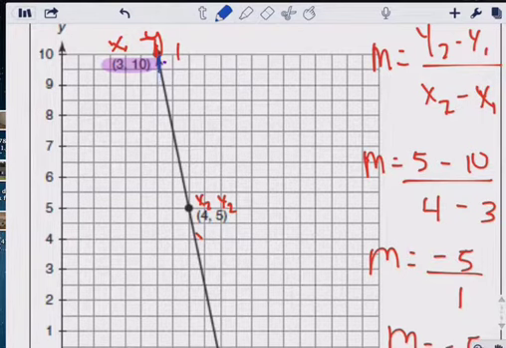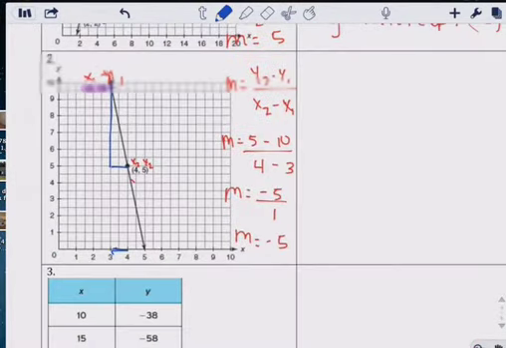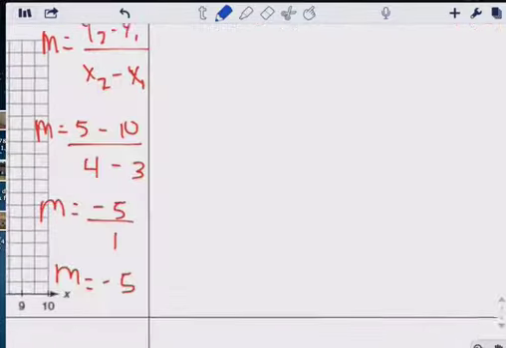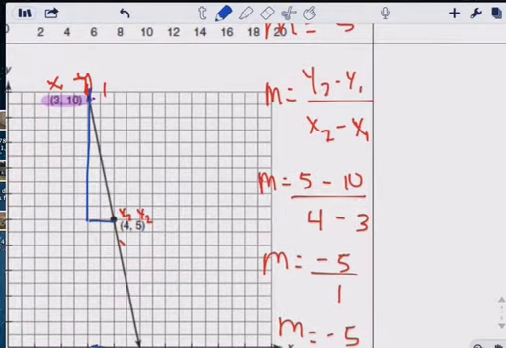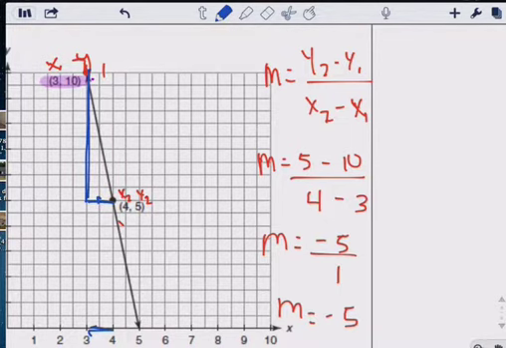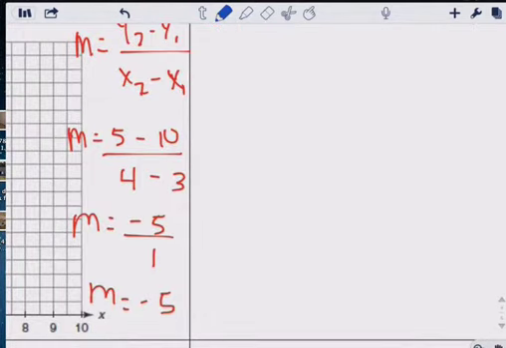From here, 3, 10 all the way down to 5. I guess that's 5. That's over 2. Oh, they used 2 as 1. No wonder they tried to confuse me. Okay, forget it. I was checking to make sure my math was right because it's down 5 over 1. And I saw 2 boxes, but here on the number, it's only an increase of 1. So down 5 over 1, negative 5 over 1, your slope is correct.